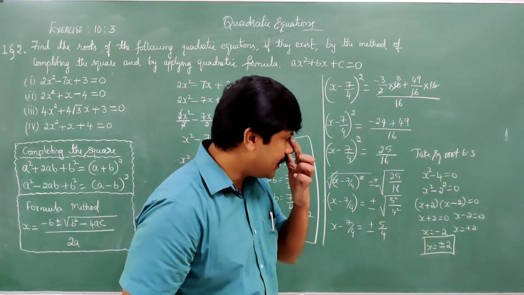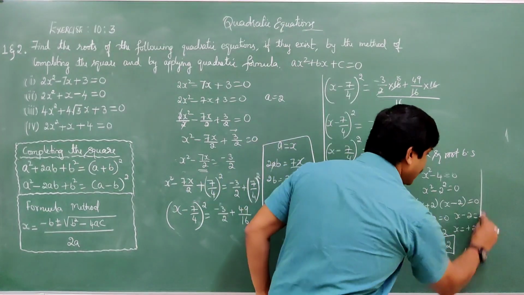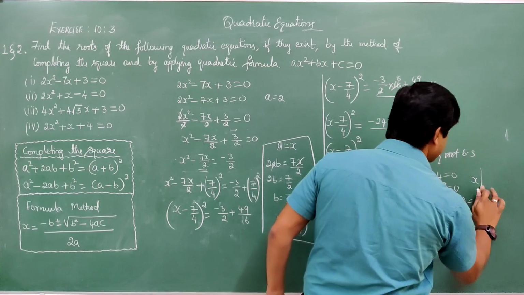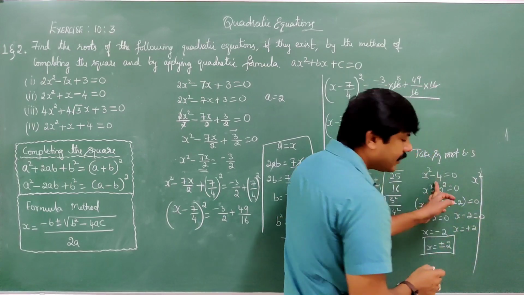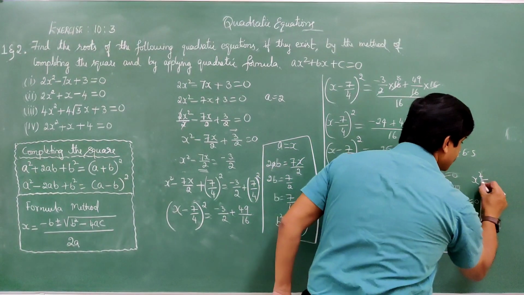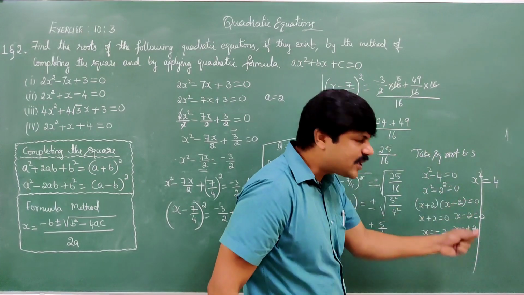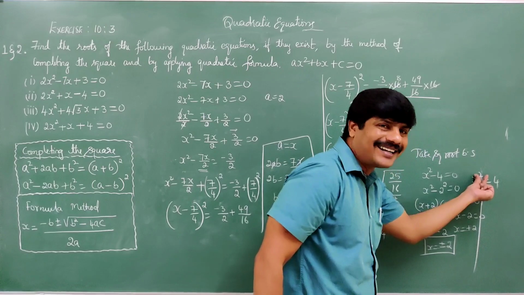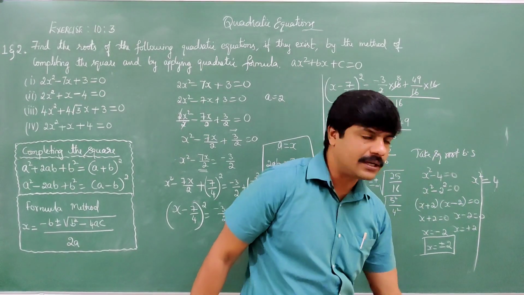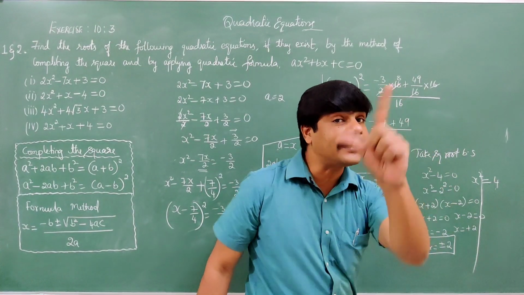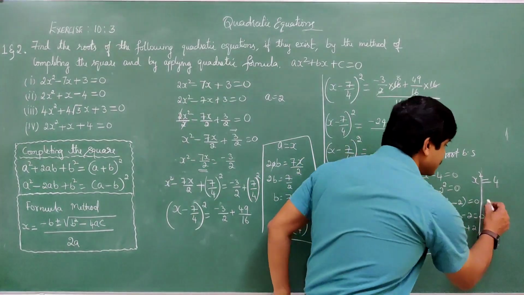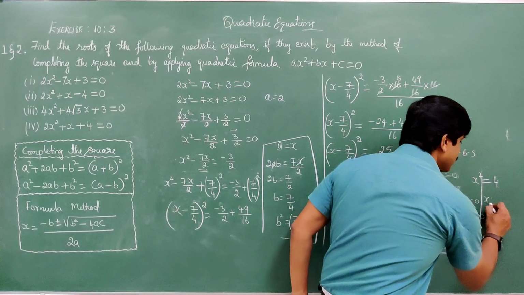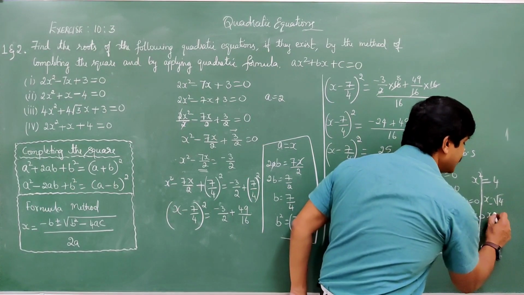What does it mean? It means from here, x square, you can take this minus 4 to the other side, it is nothing but plus 4. This means the same here, you have got plus or minus value. If you are not taking square root on both sides, and you just do it like this, you will think that square goes to that side, becomes a square root, and the square root of 4 is nothing but 2.